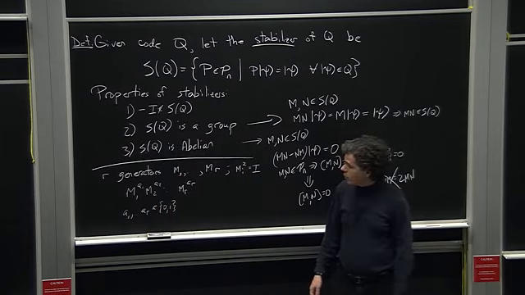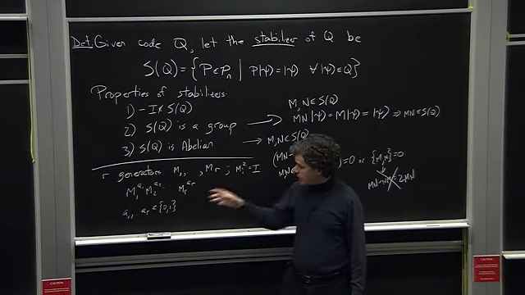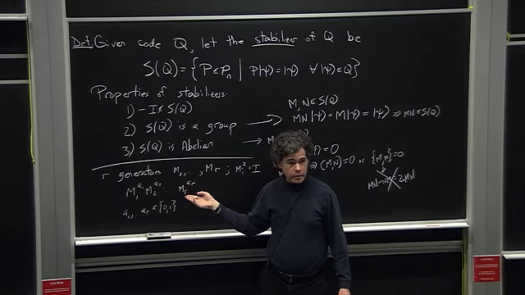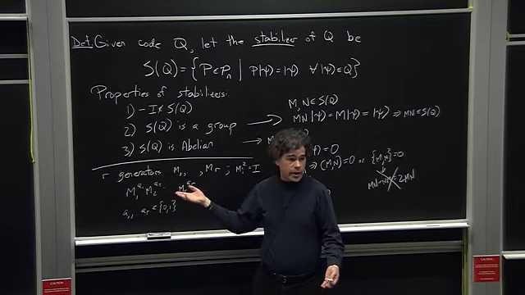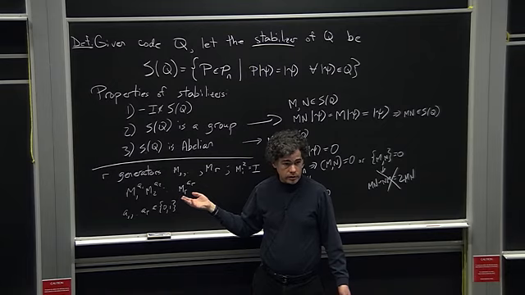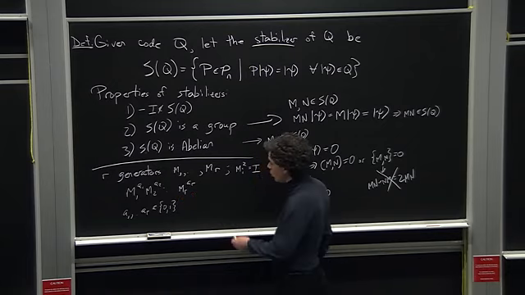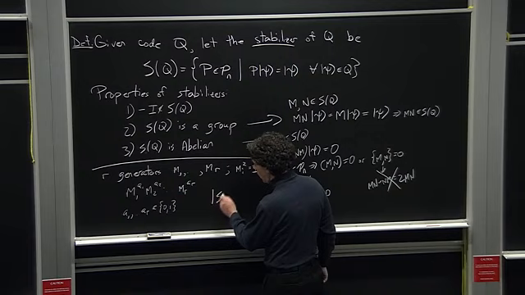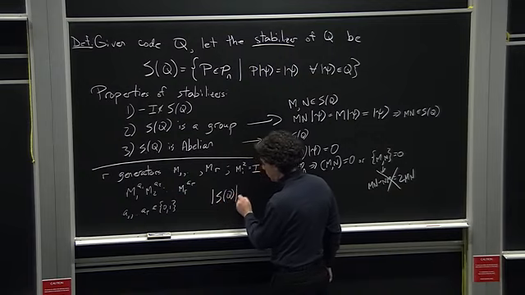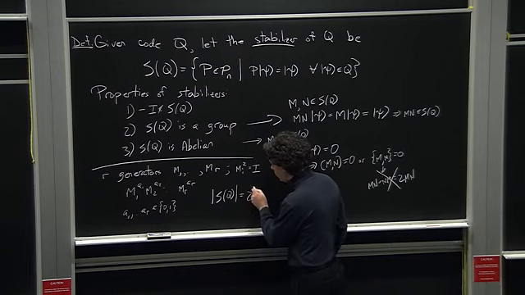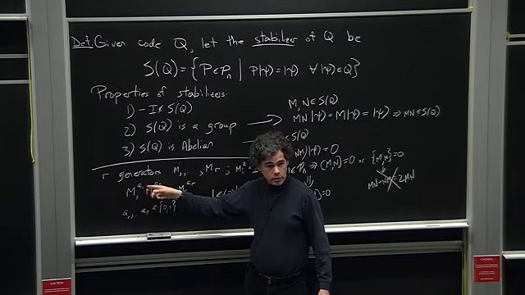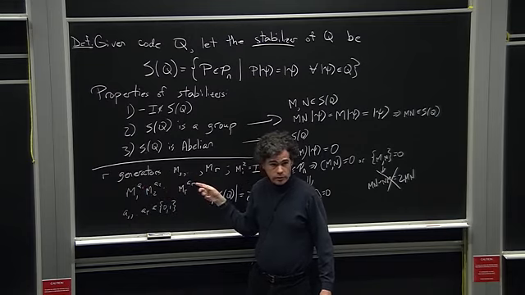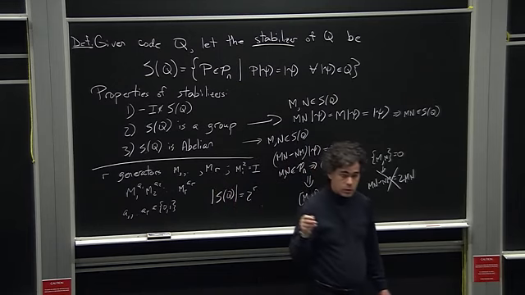Okay? So what that's saying is that the set of all possible elements of a stabilizer is products of subsets of the generators. And in particular, one thing you can immediately see is that the size of this thing is going to be 2 to the R, right? Because you can go through each possibility of A1 being 0 and 1, A2 being 0 and 1, and so on. Okay?